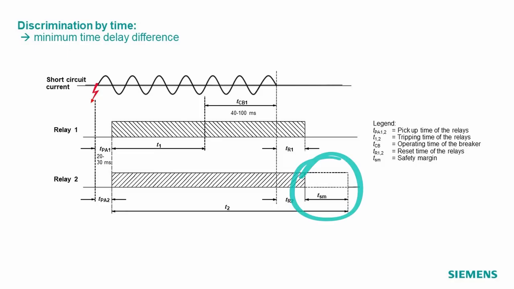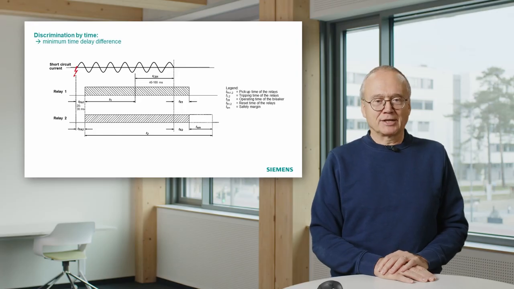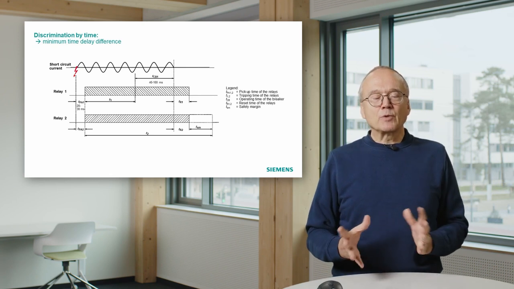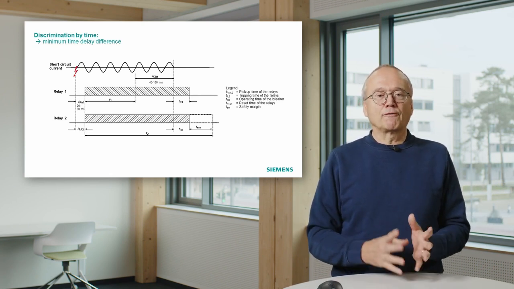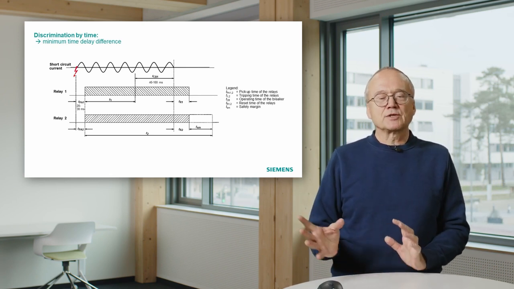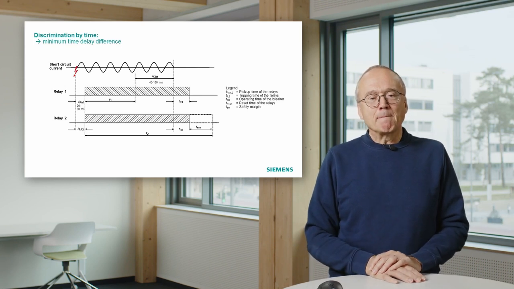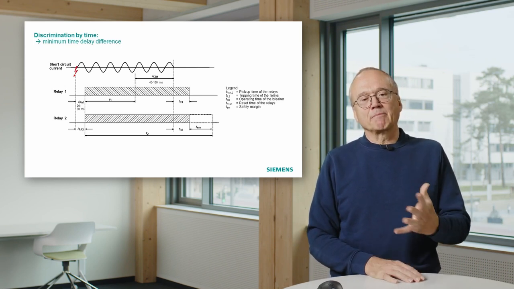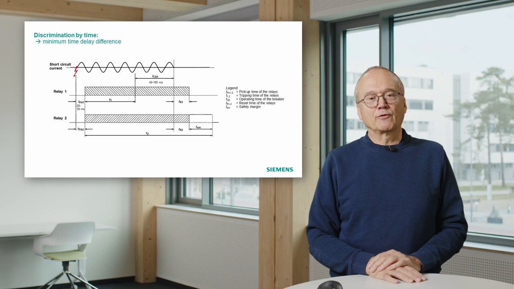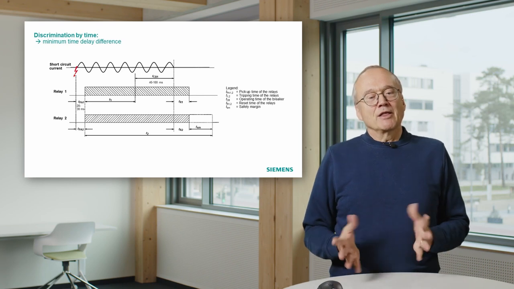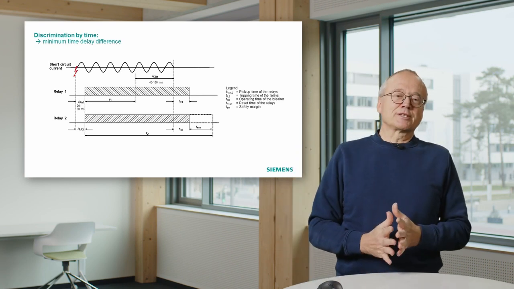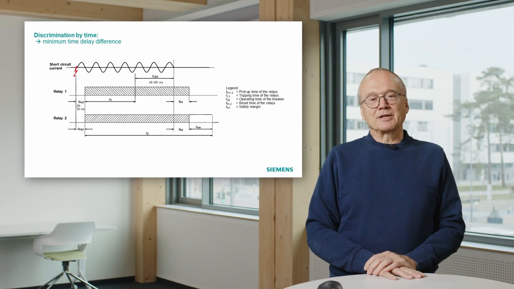And normally protection engineers are pretty much careful, so on the right-hand side we add some margin to that. If we have something in the range of 40 to 60, 70, 80 milliseconds for the circuit breaker, maybe 20 milliseconds for the reset time, then there are some other reasons to have significant margin there.